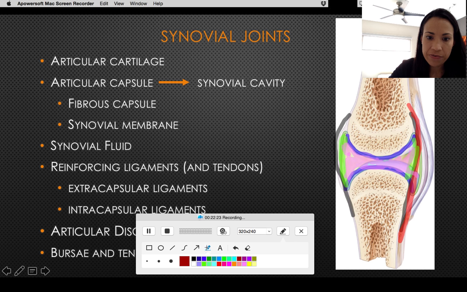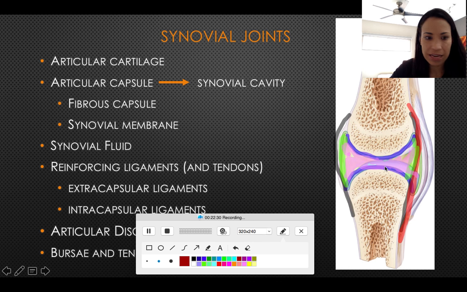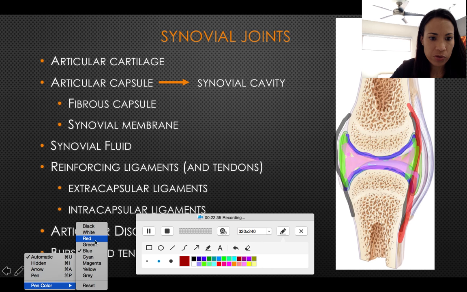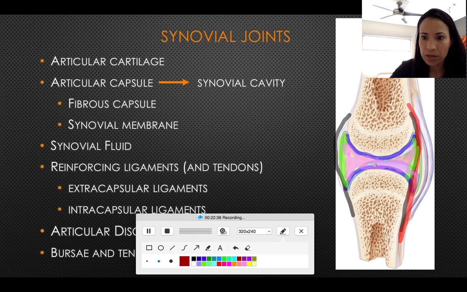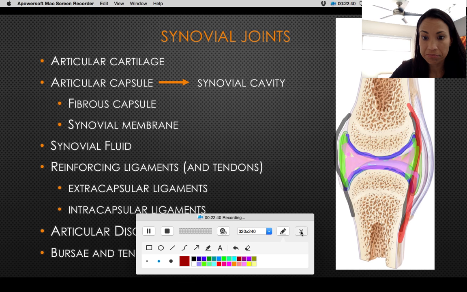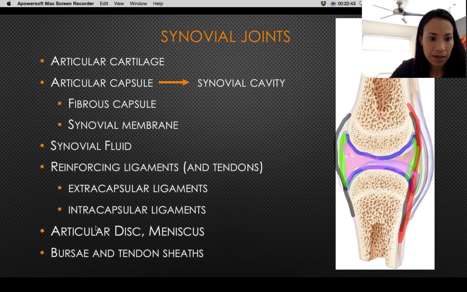Now, if I place a ligament right in here, inside, I cannot draw anymore. Let me see with this one, because I want you to see the location of those. Okay, if I just placed, imagine a line from here to here and a line from here to here and an X. If I place those ligaments right here inside the capsule, we call it intracapsular ligaments.